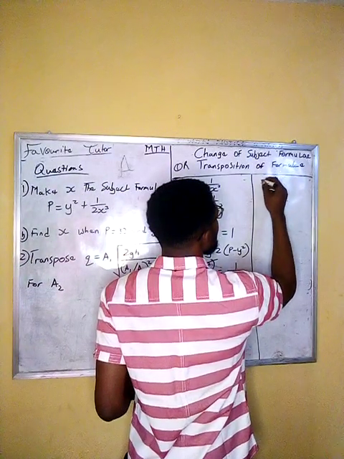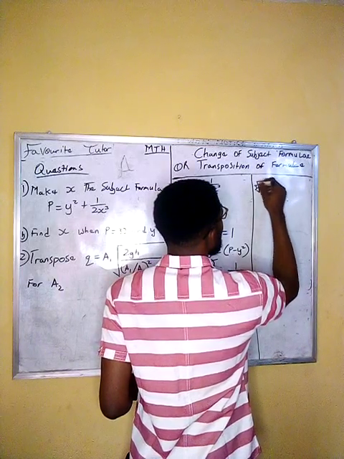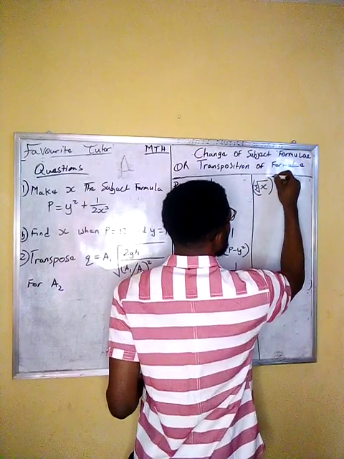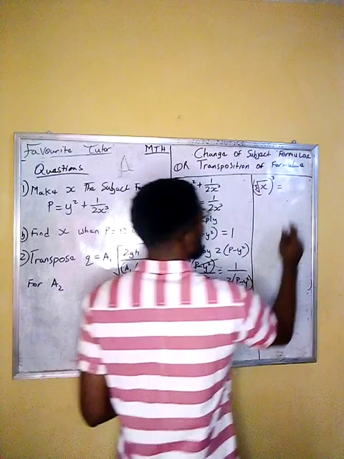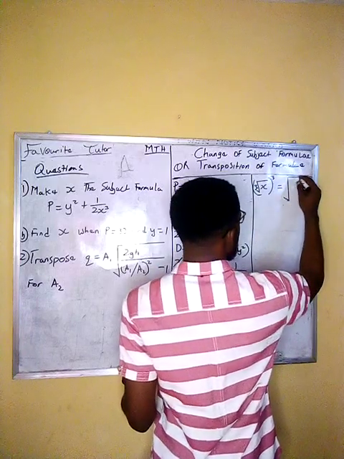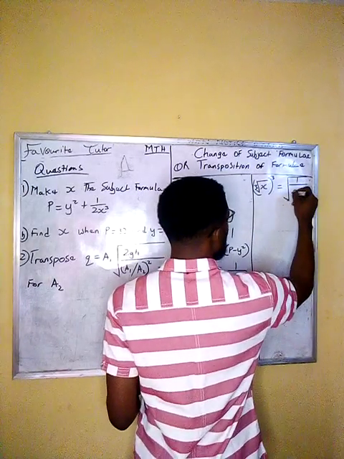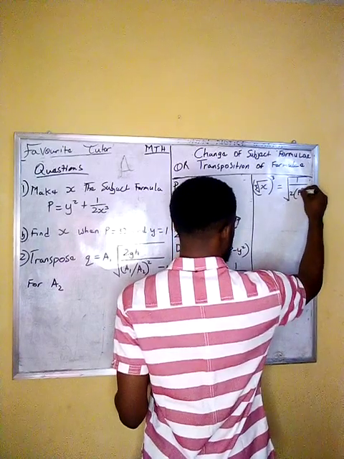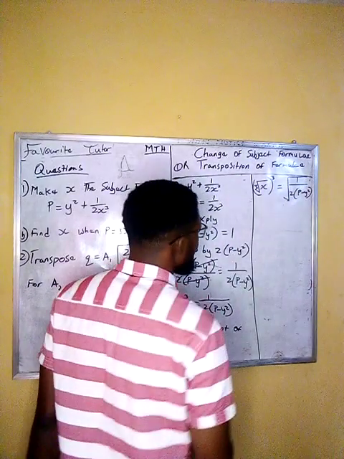Taking the cube root of both sides, this is the cube root of x raised to the power of 3 equals the cube root of 1 all over 2 bracket P minus y to the power of 2 bracket close.